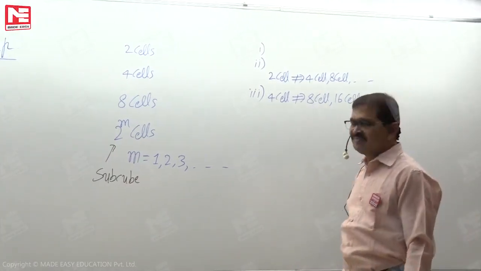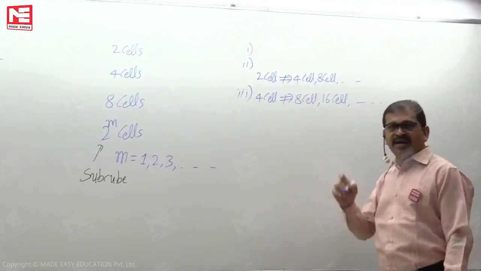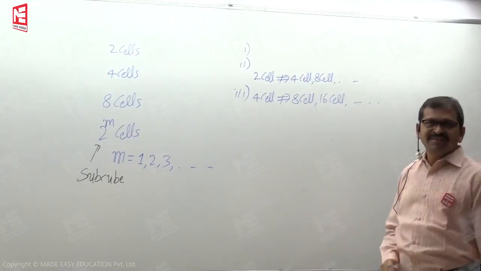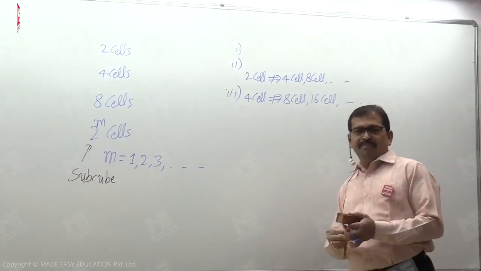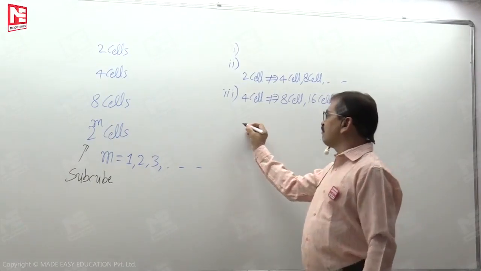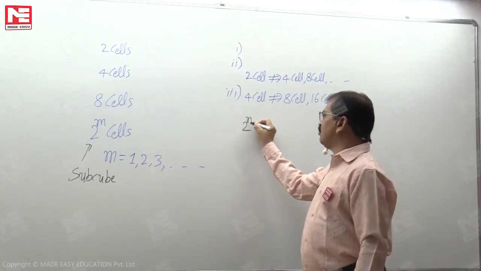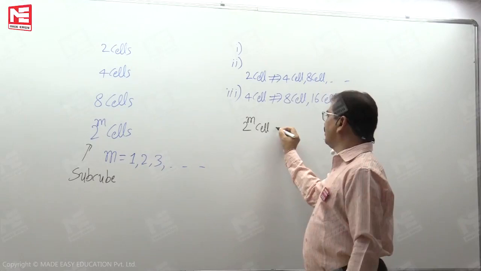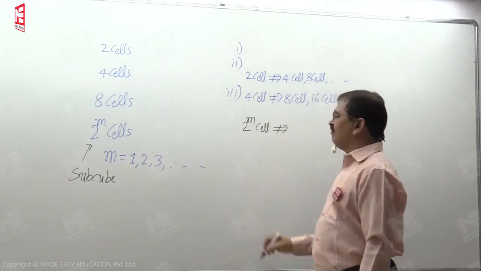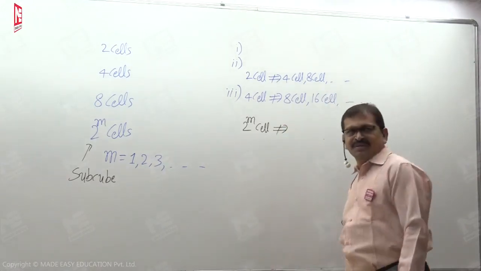Let us speak more generically. Whenever we are marking a subcube of 2 to the power of m cells, we must follow a condition.